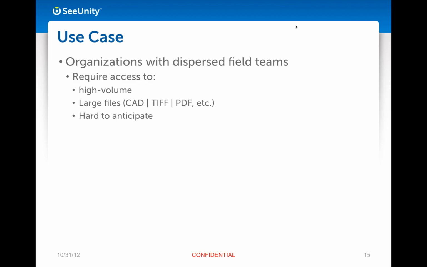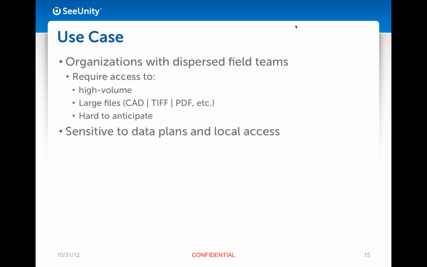If you know ahead of time you're only going to need a handful of documents and you know which ones they are, you can use a solution like SeeUnity Mobile and selectively download that. If you don't, then an application like Slices might be more helpful.